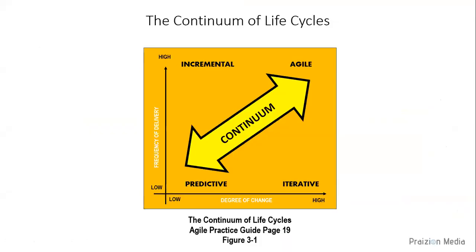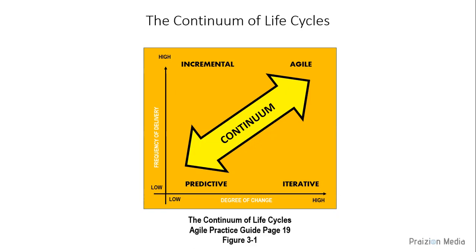project is high frequency of delivery and low degree of change, then you need to be in the incremental column. If you're thinking about a high frequency of delivery and a high degree of change, then you need to be in agile. If you're thinking of high degree of change, low frequency of delivery, that's iterative.